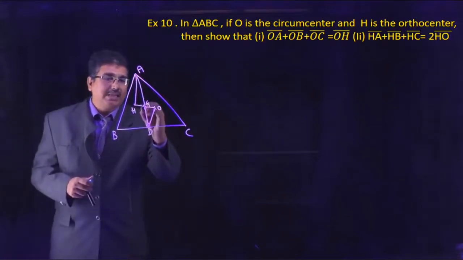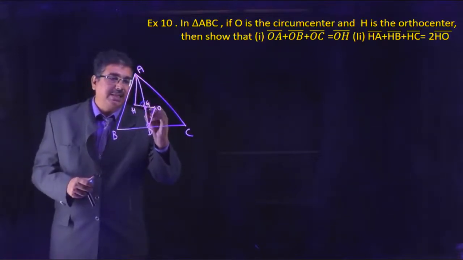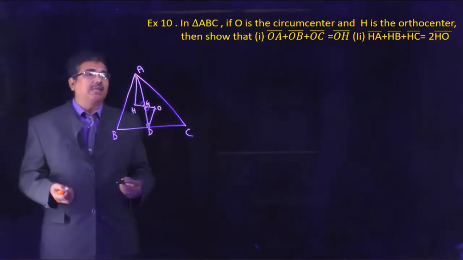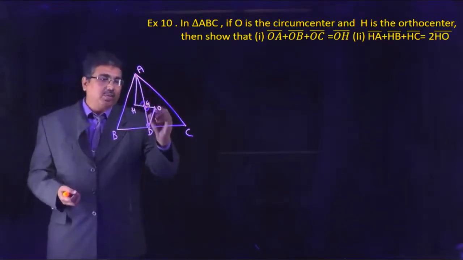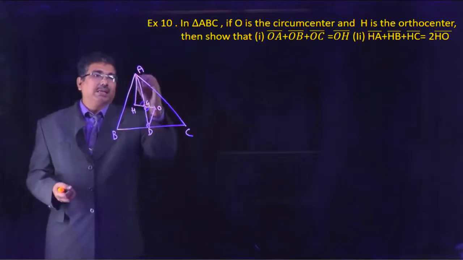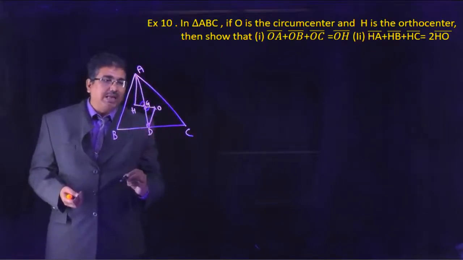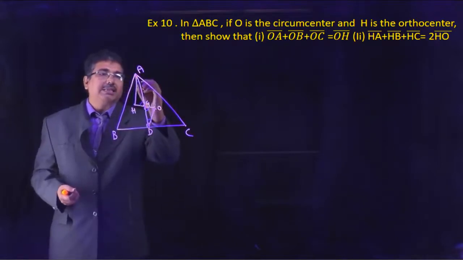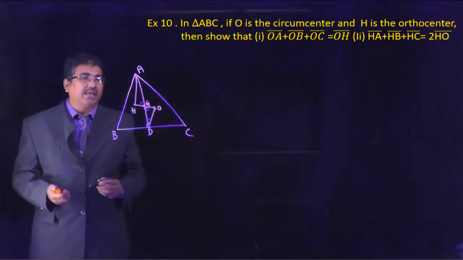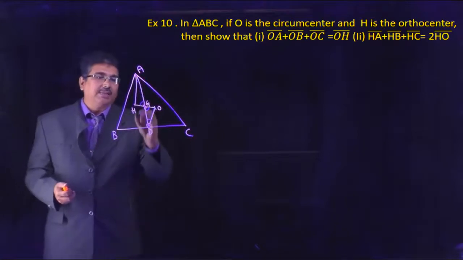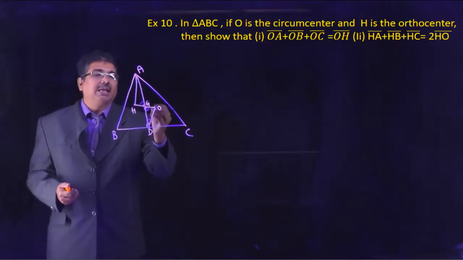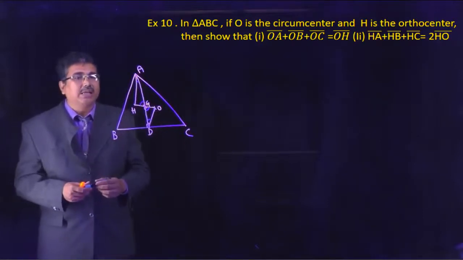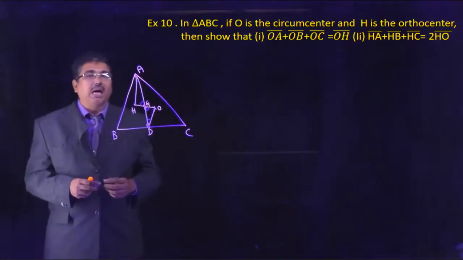This angle is same as this. These two angles are equal, and also these two are parallel. AH is parallel to OD, so this angle is same as this angle, and this angle in a triangle, two corresponding angles are equal.